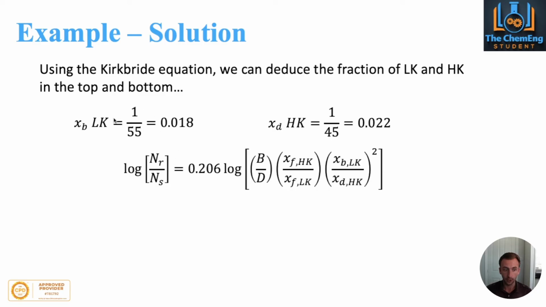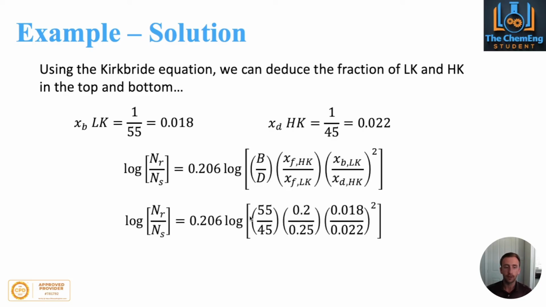That's our Kirkbride equation, and we use the equation for the feed point, and that's going to be this NS. That's the thing that we want. So we have all the information, we can populate that, and if we tidy this side up, the logs will cancel each other out, so we get NR over NS is equal to 0.91.